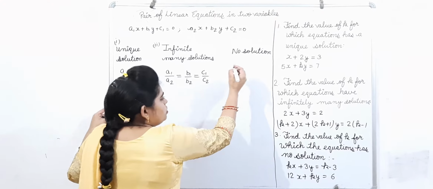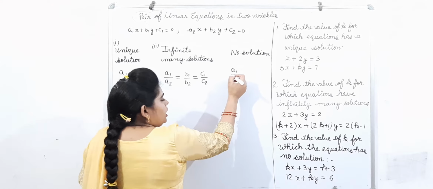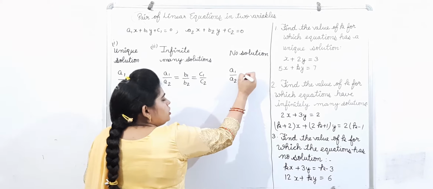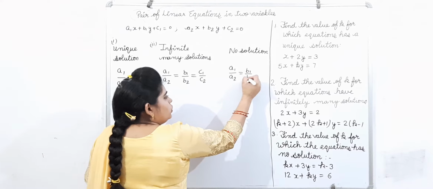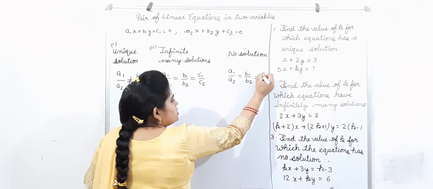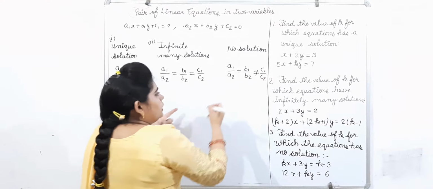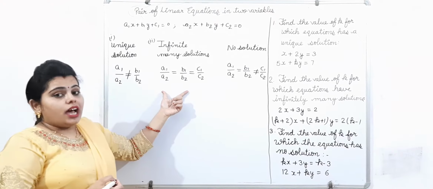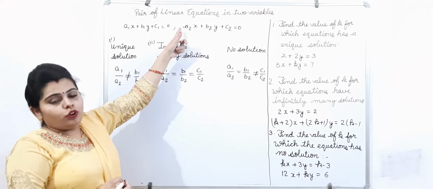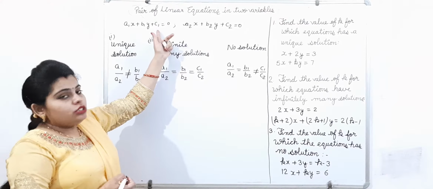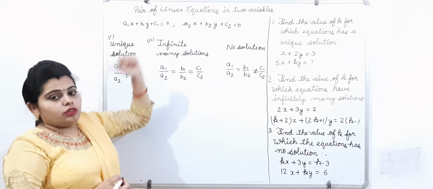Now for no solution, the condition is a1 by a2 is equal to b1 by b2 not equal to c1 by c2. These three conditions are on the basis of the ratio of the coefficients of x and y in these equations.